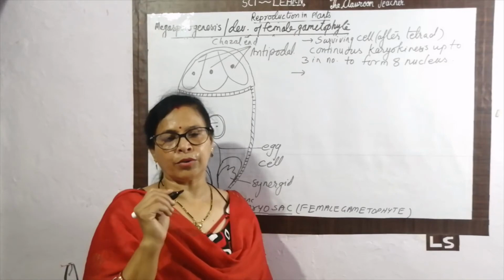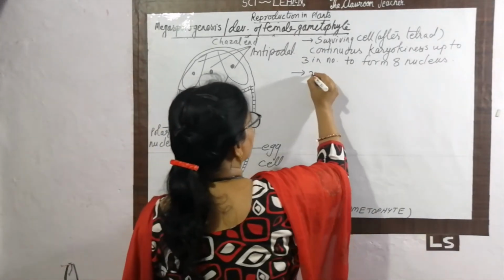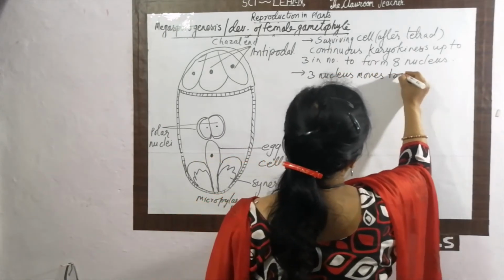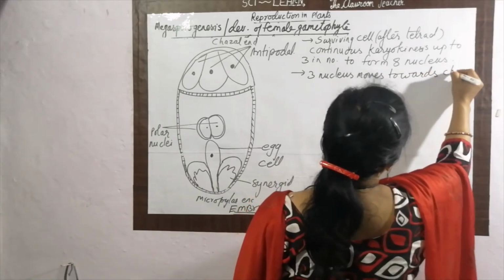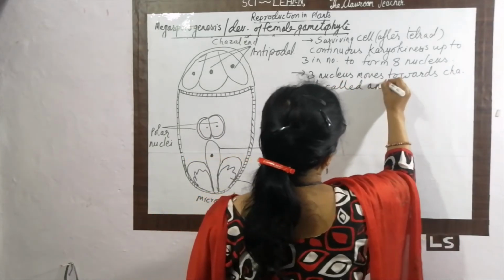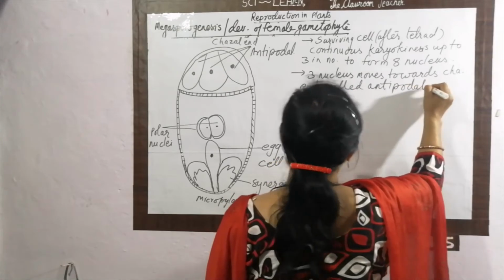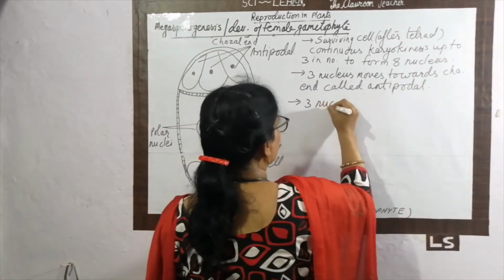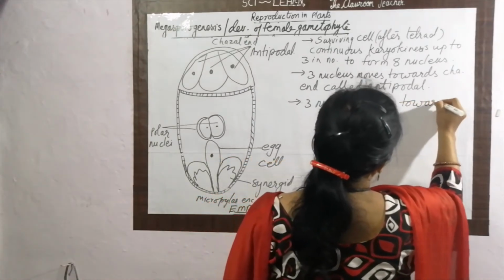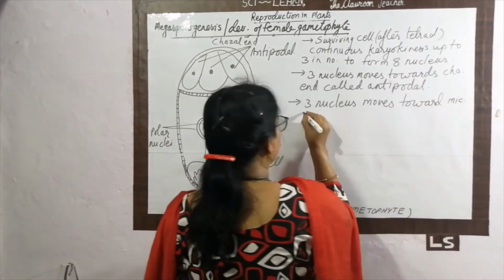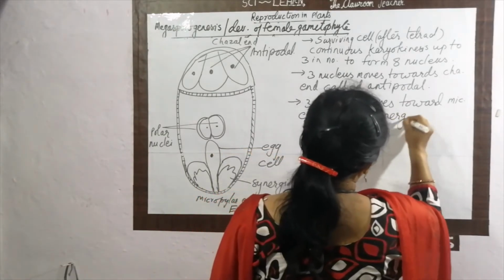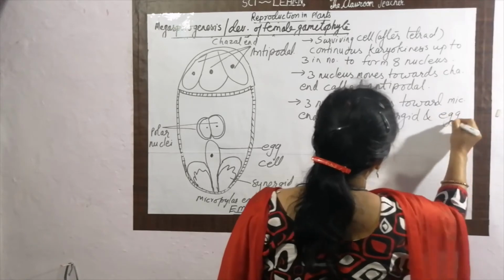Out of this 8 nucleus, 3 nucleus move towards the chalazal end, called antipodal. 3 nucleus move towards the micropylar end, called synergid and egg cell.